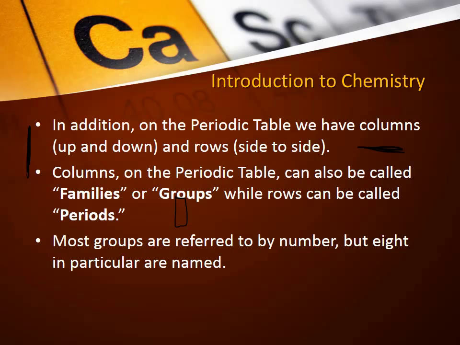Most groups, though, are referred to by number. Again, most columns are referred to by number. 8 in particular are named. There are a few more, we don't care, but those are the main 8 families that we will talk about. Again, a group that is not named is just a group. If a group or column has a name, it's a family.